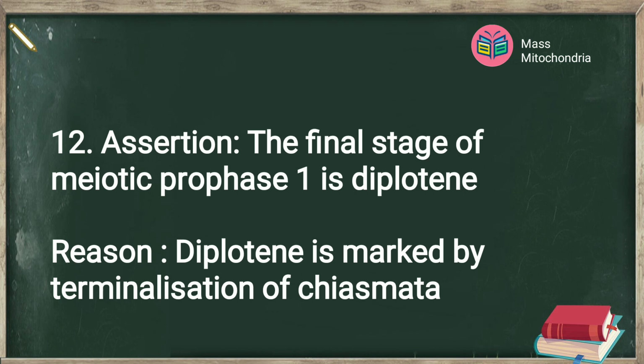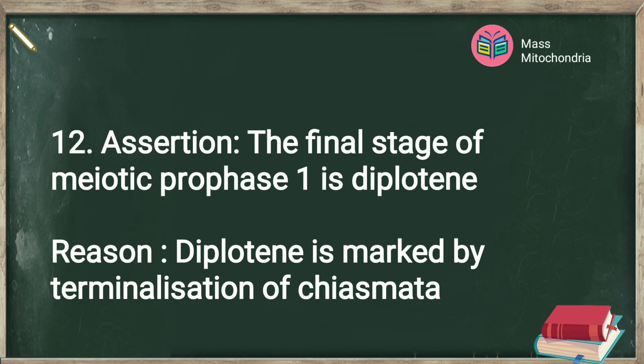Question number 12. Assertion: the final stage of meiotic prophase 1 is diplotene. Reason: diplotene is marked by terminalization of chiasmata. The final stage of meiotic prophase 1 is diakinesis, not diplotene. So it is terminalization of chiasmata.